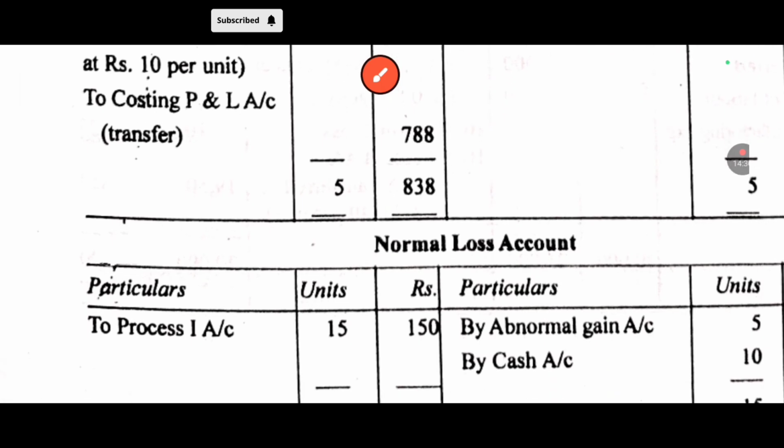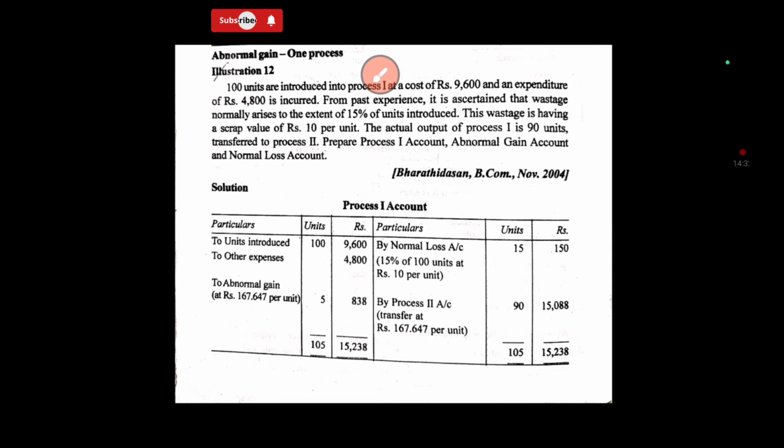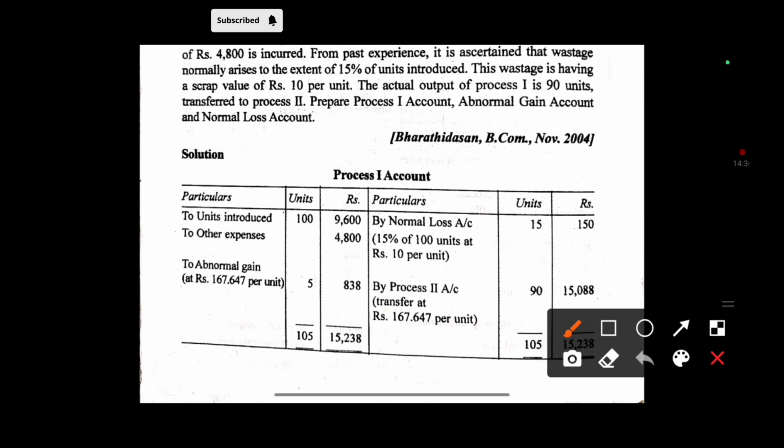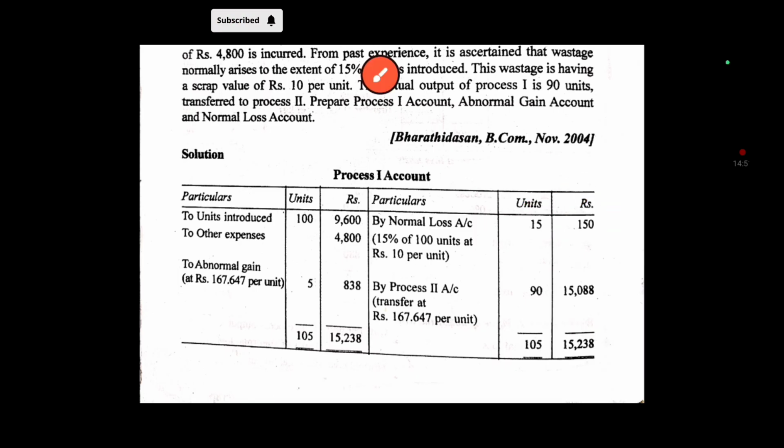Okay, we are going to prepare normal loss account. Before we prepare the normal loss account, where is normal loss located on process 1 account? It is located on creditor side of the process account. Process 1 account, its unit is 15 units and the scrap value of normal loss is 150 rupees.